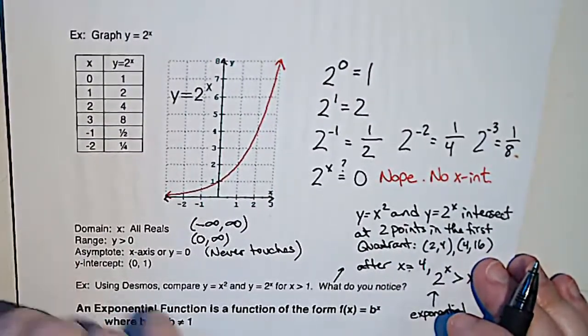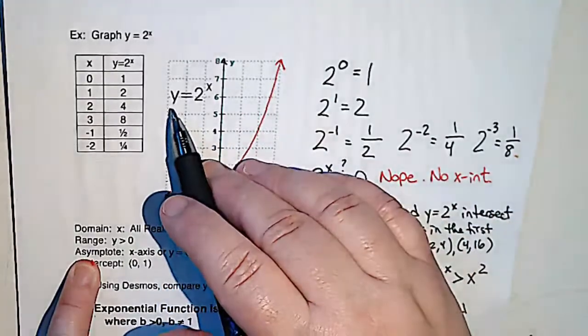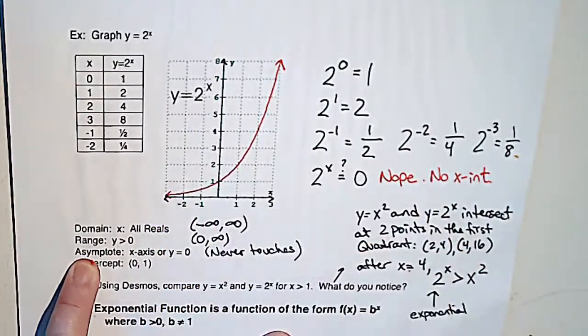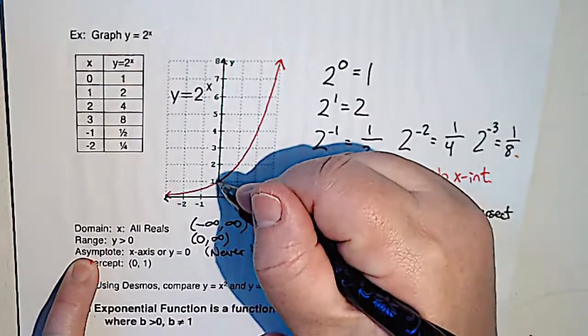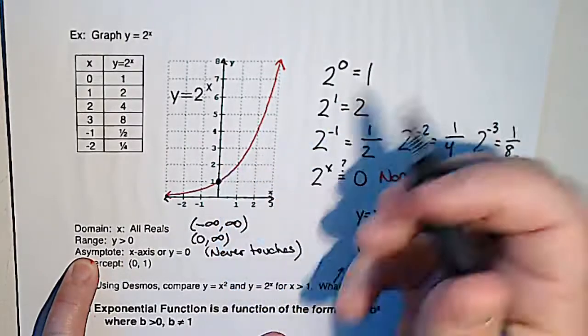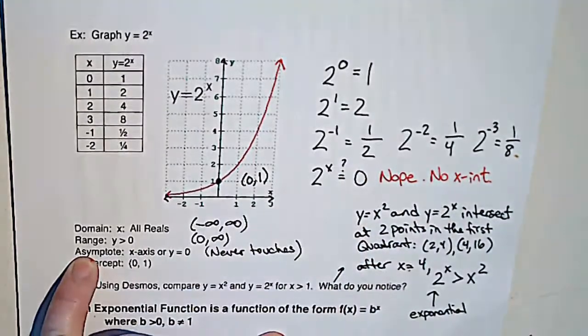And all exponentials will share 1 point. So if you look at this graph, again, the graph of y equals 2 to the x, what point do you think they all have in common? I don't know if it's obvious, but this one, the point (0, 1), is common to all exponential functions. Why?